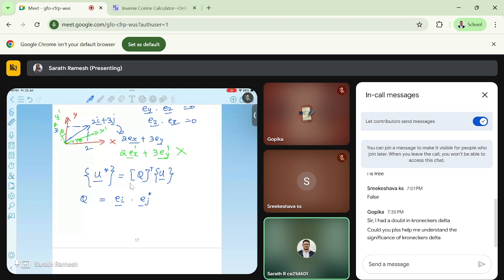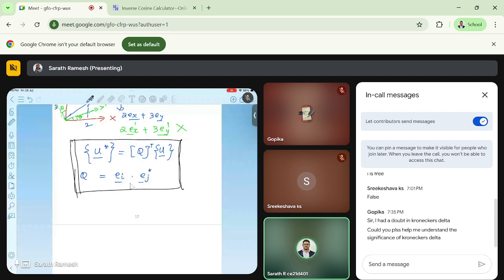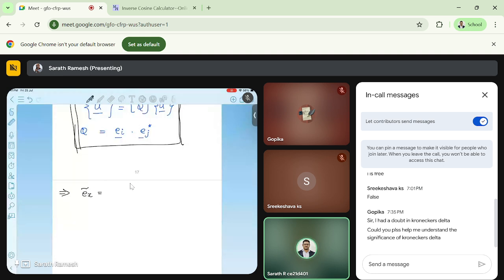Let's take a question directly. We have Ex tilde equal to Ex plus Ey by 2, Ey tilde equal to minus Ey plus Ez by 2, and Ez tilde equal to Ez. See, these are all vectors, so that's why I am putting an under bar here. So we have a relation between two coordinate systems, Ex, Ey, Ez and Ex tilde, Ey tilde, Ez tilde.